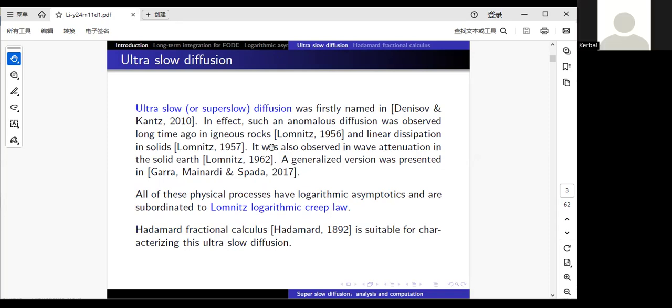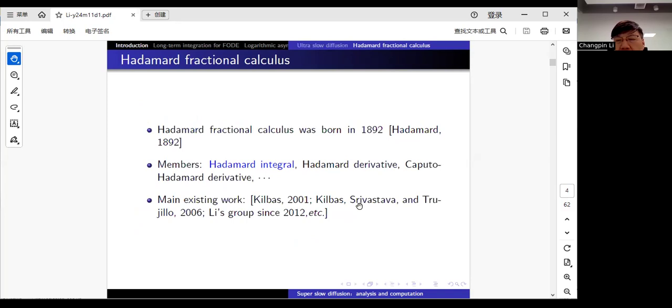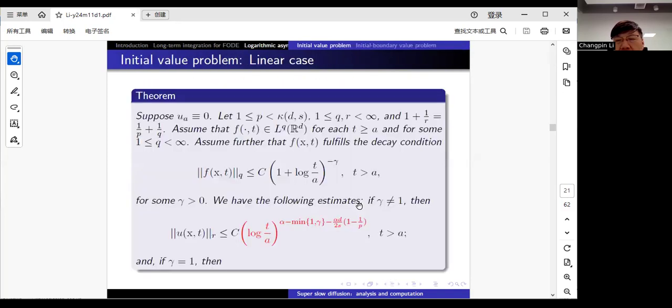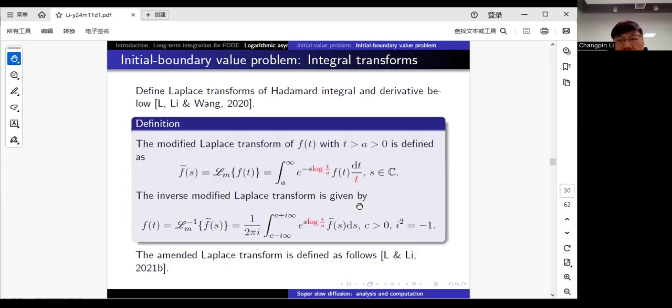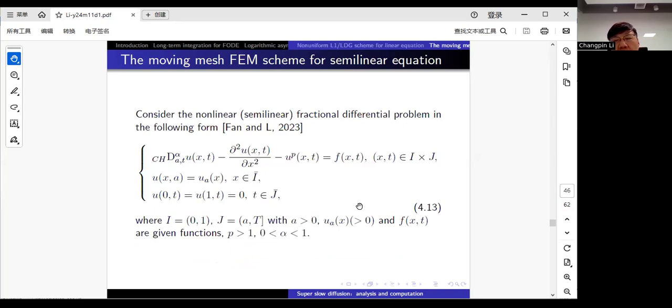Okay. Yes. My second question is, if you can please go to equations 411 and 412. Equation 411 is a homogeneous boundary condition.